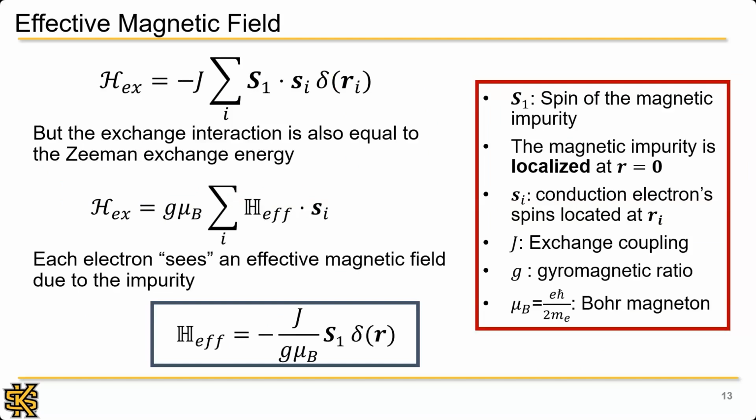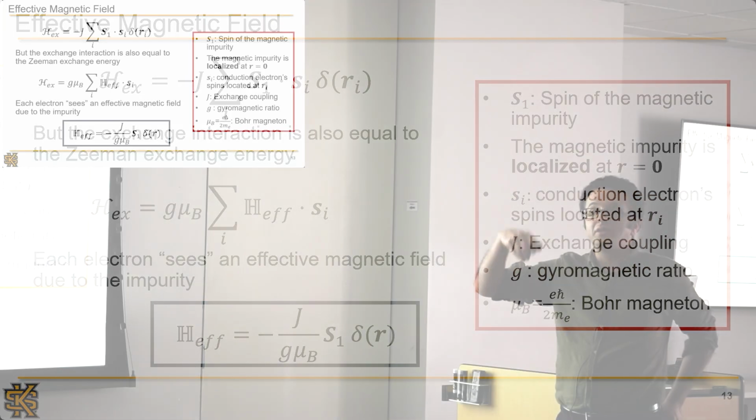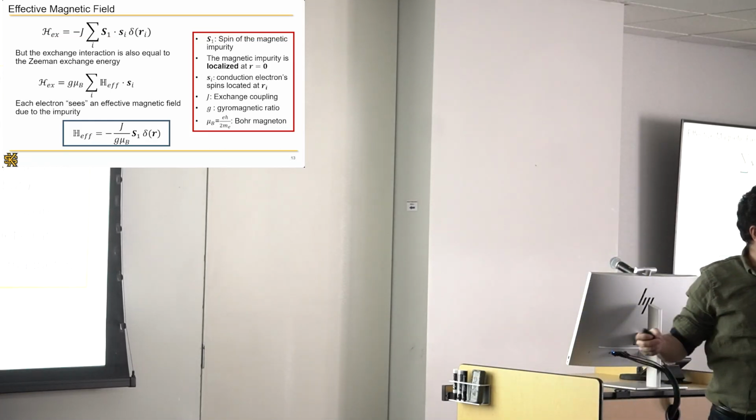And the effective magnetic field is proportional, of course, to the strength of the additional spin that I added. So the electrons in my metal are seeing an effective magnetic field due to the presence of a magnetic impurity.